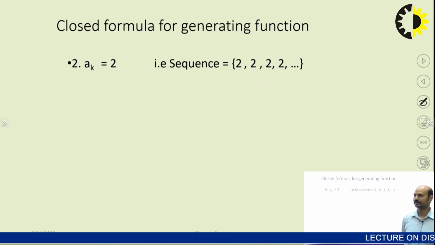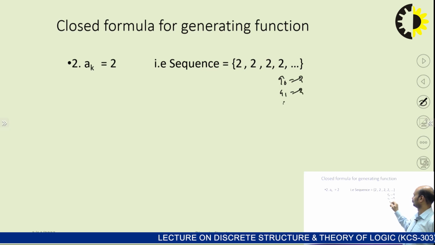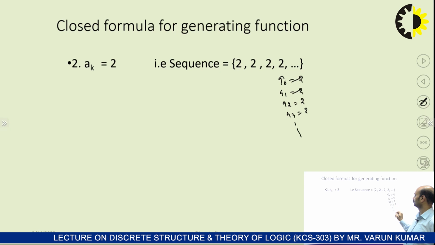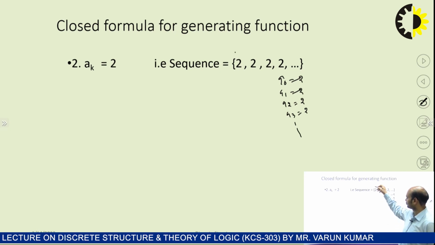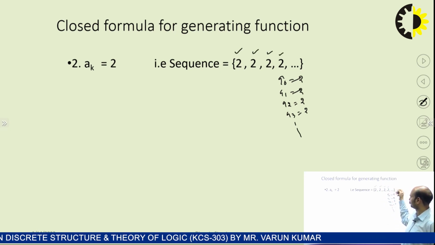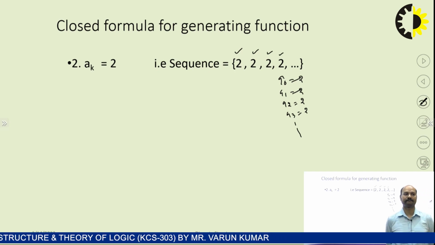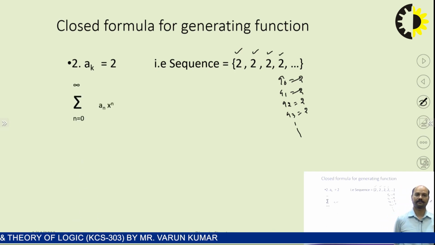We take a second example for the closed formula. If our sequence is ak equal to 2, then what is the value of a0? a0 is 2, a1 is also 2, a2 is also 2, a3 is also 2 and so on up to infinity. So the sequence is 2, 2, 2, 2 up to infinity.